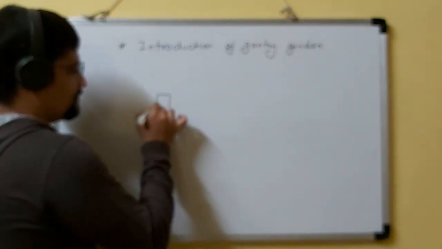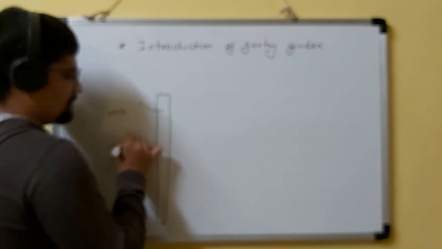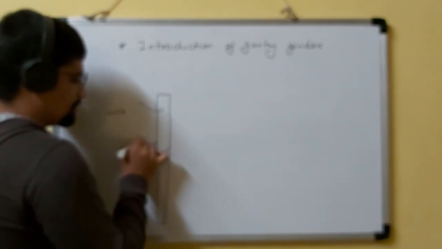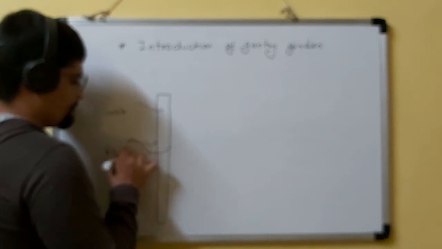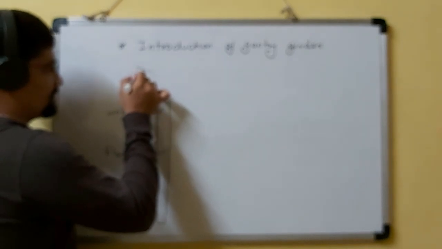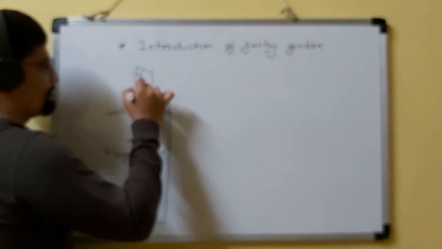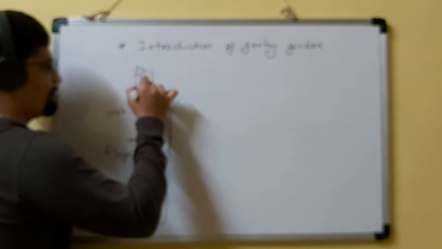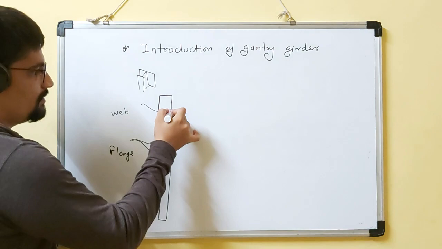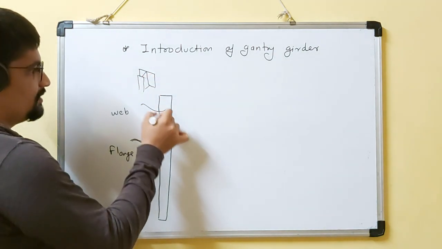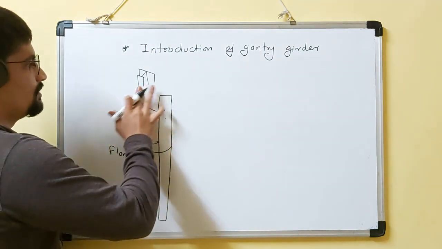This is the web portion, and these two are the flange portions. Like this, it is being placed. This portion is here, the web portion is here, and this portion is here. Okay, this is one type of 2D figure.